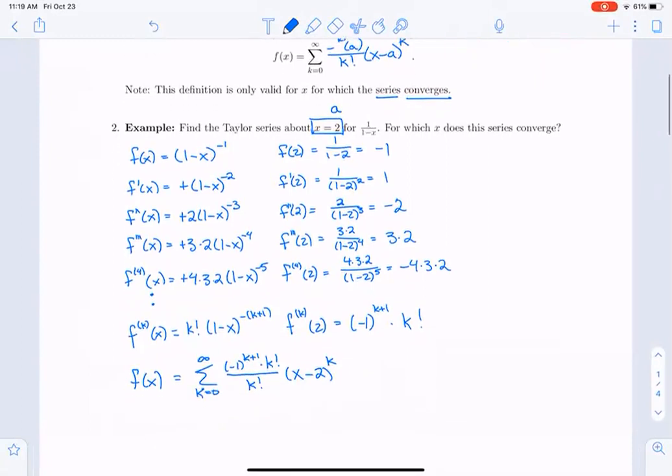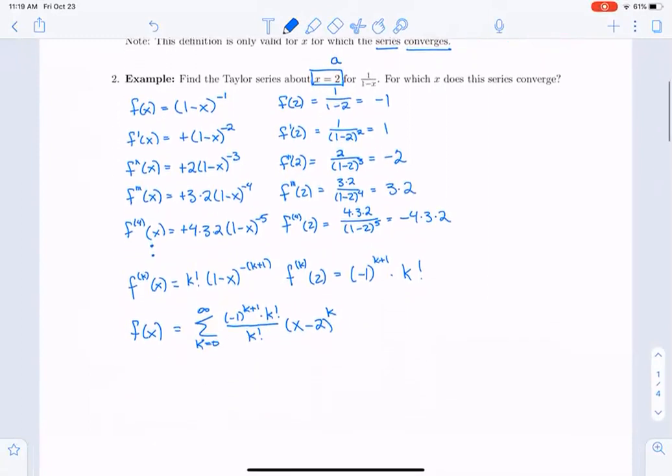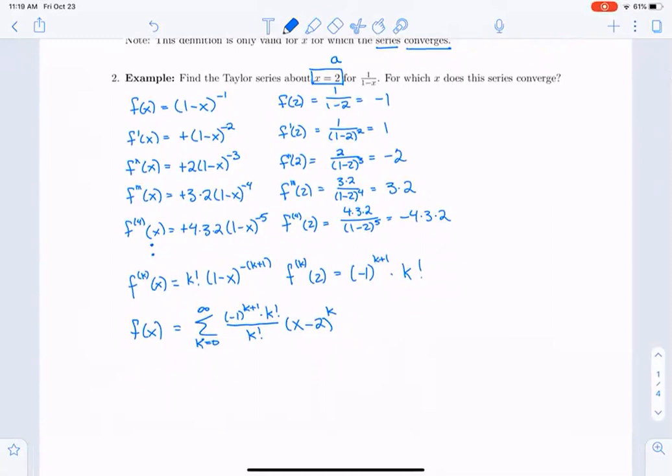That gives me the Taylor series near x equals 2. You can simplify this because the k factorials cancel. And so my series looks like the sum from k equals 0 to infinity of -1 to the k plus 1 times x minus 2 to the k power. And that series exactly equals f of x as long as x is within the radius of convergence.